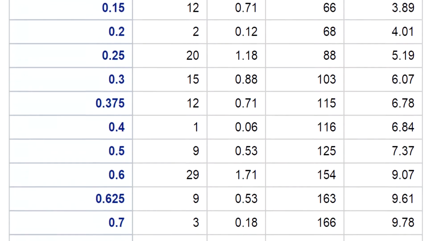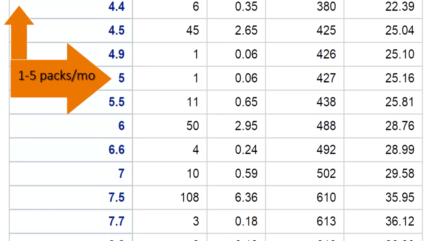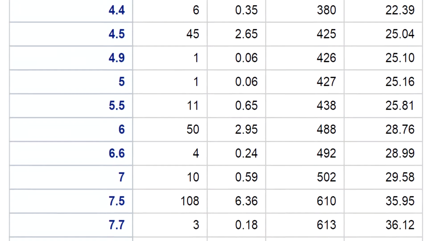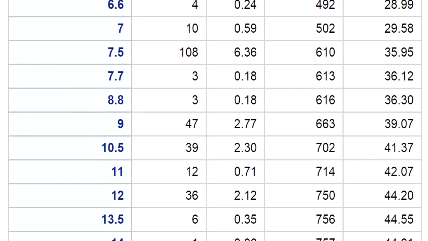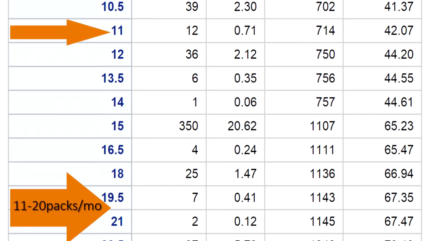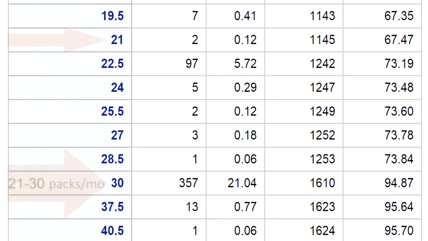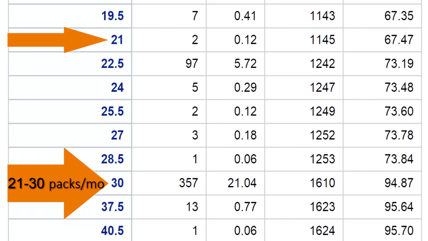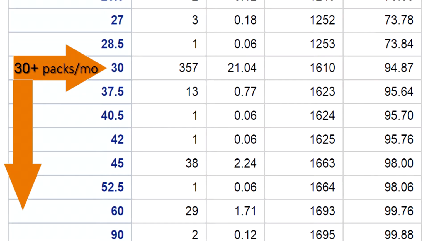After examining the frequency distribution, we decide to create groupings that include those who've smoked 1 through 5 packs per month, 6 through 10 packs per month, 11 through 20, 21 through 30, and then 30 plus packs per month.